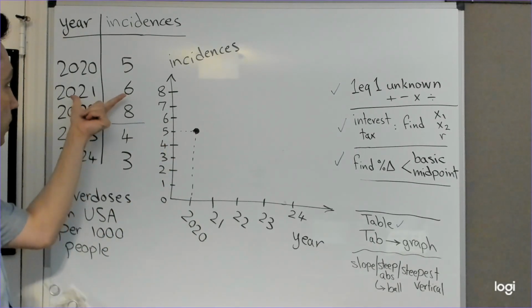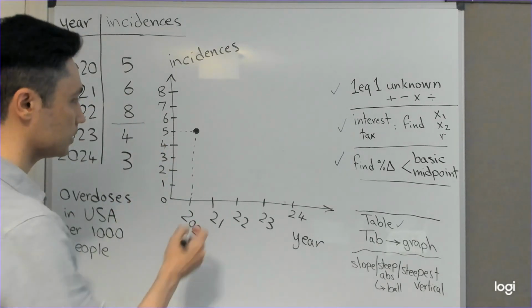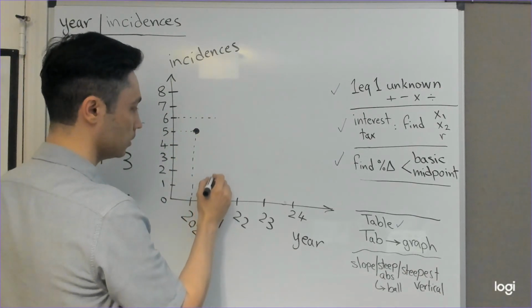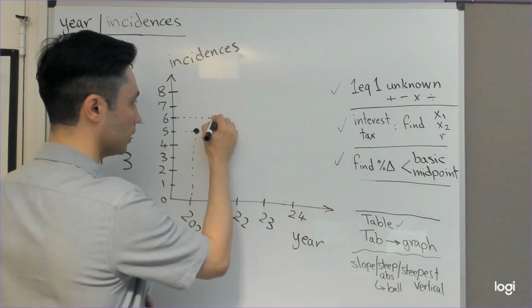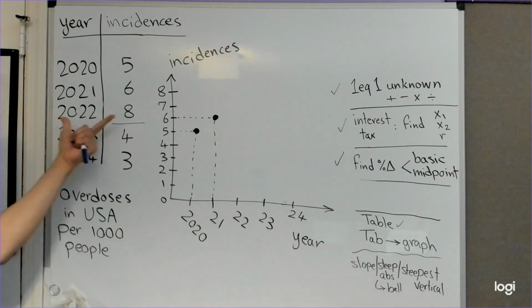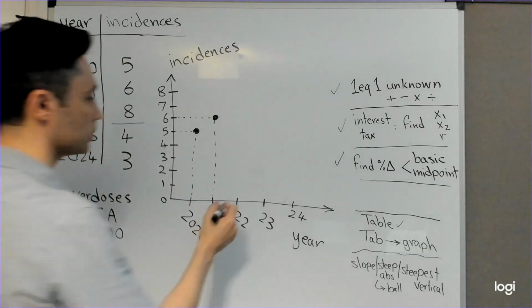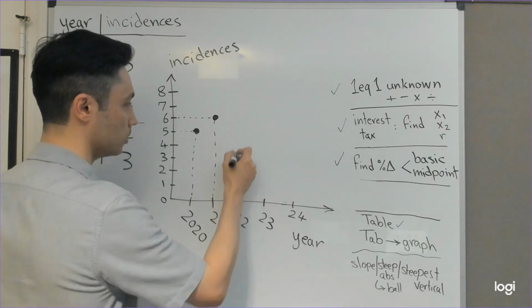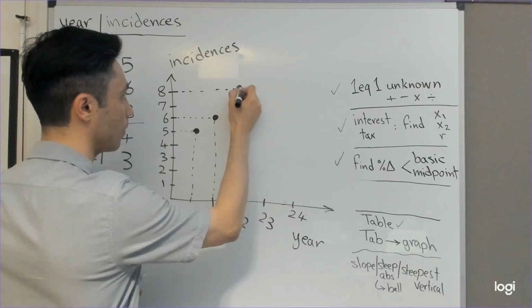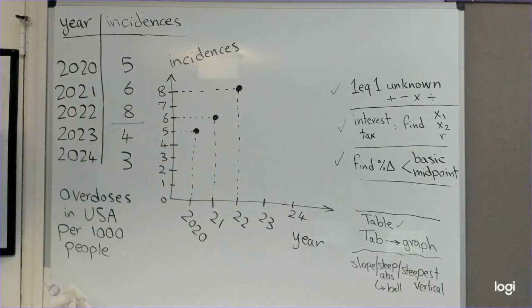In year 2021, the number of incidences has been 6, and this is the point that I end up with. In year 2022, the incidences have been higher, it's 8, and this is the third piece of information, the third data point.